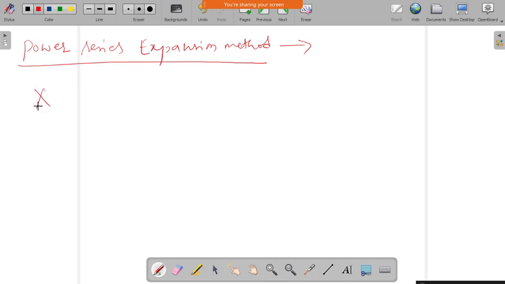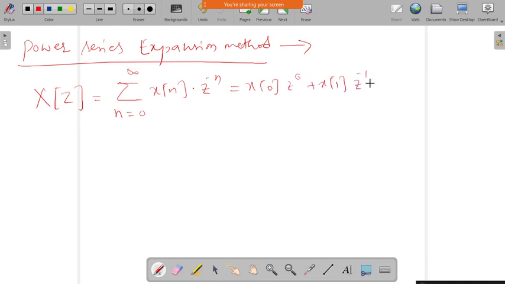Now we know the X of Z equation, that is summation n equal to 0 to infinity x of n into Z power minus n, right? Now this we can write as x of 0 into Z power 0 plus x of 1 into Z power minus 1 plus go on, x of infinity into Z power minus infinity.